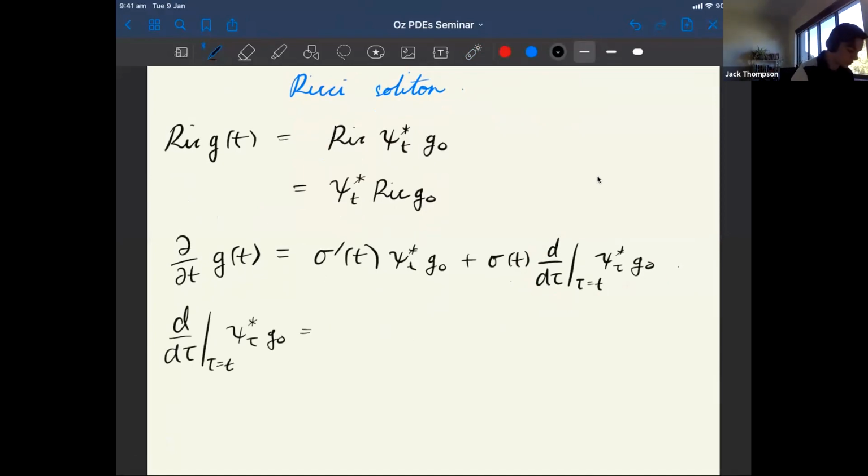So now the first thing I want to do is actually make a change of variables. So I'm going to set tau tilde to be tau minus t, right? So then I can rewrite this expression as tau tilde equals 0. Like this.